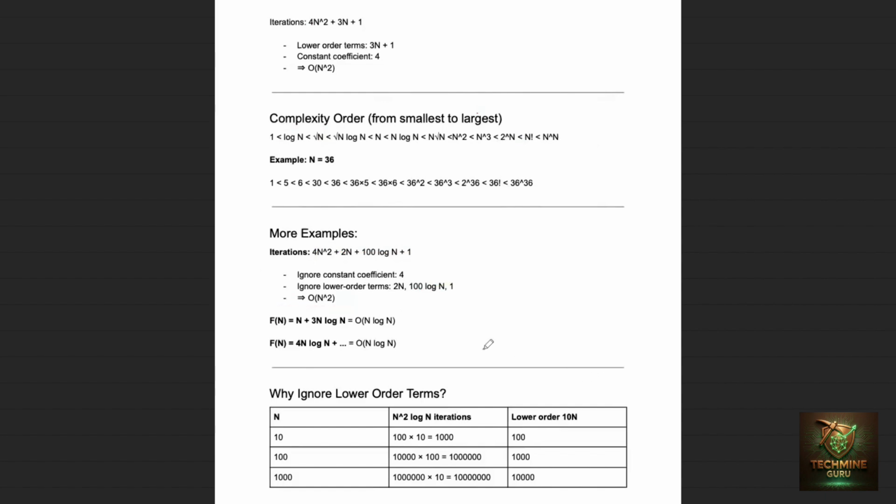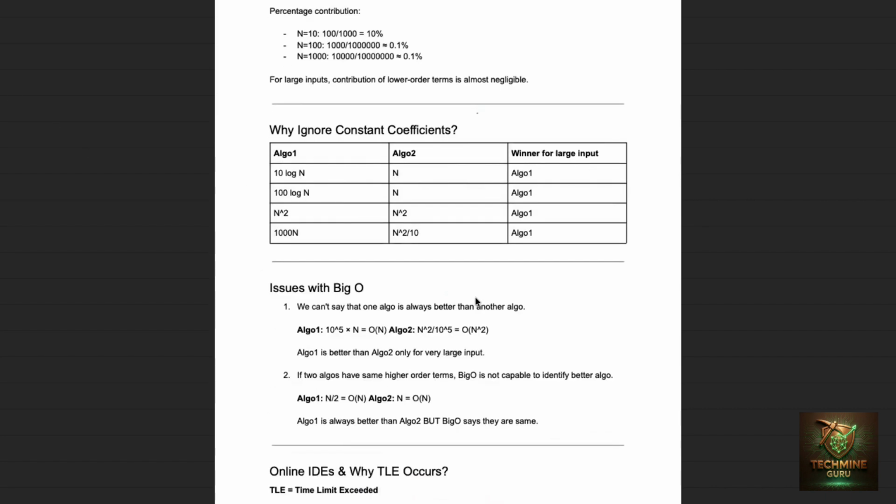So now let's understand why we are ignoring lower order terms. Suppose n square log n plus 10n is our time complexity, then n square log n will be the higher contributor, right? That's why we are ignoring the lower order contribution. To understand this better, we can also think about what percentage of contribution the lower order term is making.